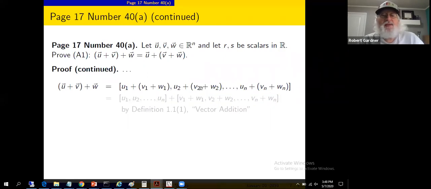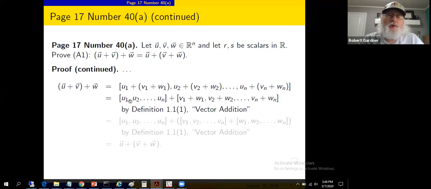So we can write this then as we've got one real number plus a second real number in the first component, a real number plus a second real number in the second component, and so forth throughout. Those first real numbers are the u's, and the second real numbers are v1 plus w1, v2 plus w2. So in terms of a vector sum, by the definition of vector addition, we can write this previous line in terms of this vector sum. And just as we did on the previous slide, except we're going the other way now, we can take this vector and recognize it as a particular vector sum.